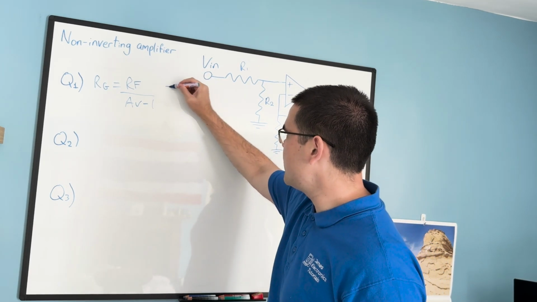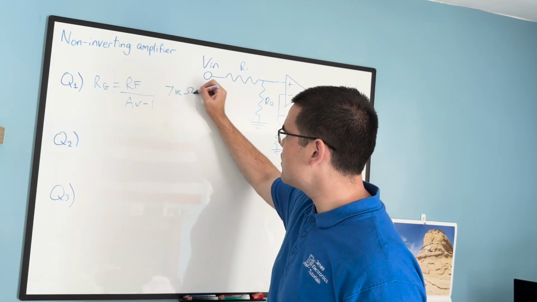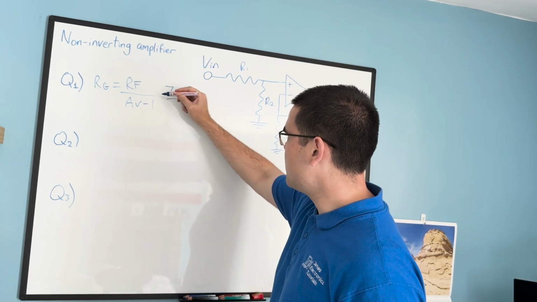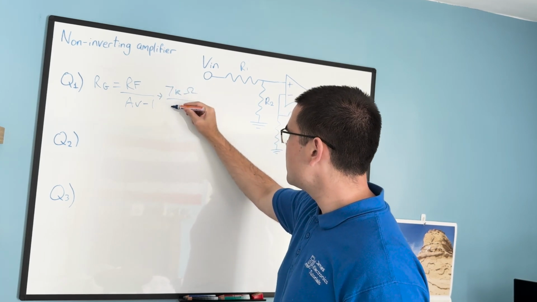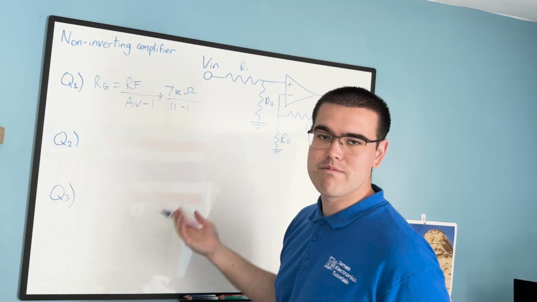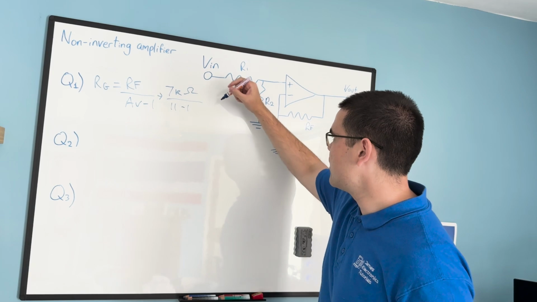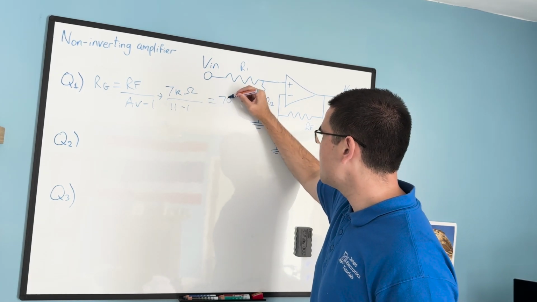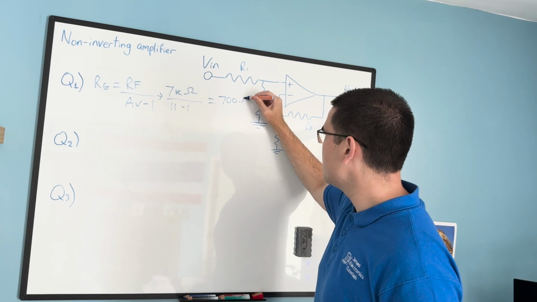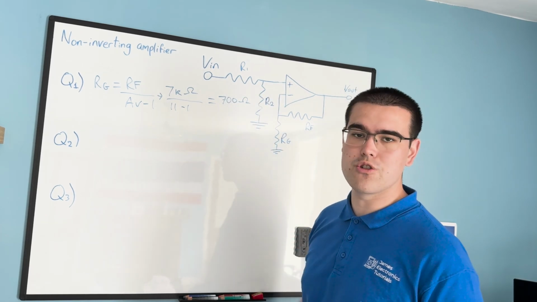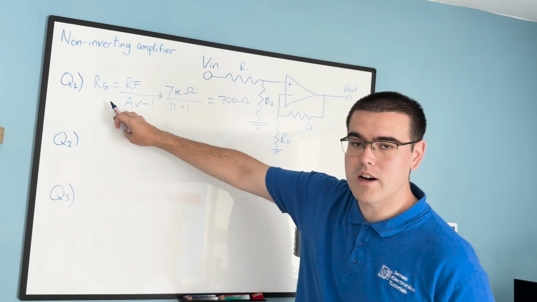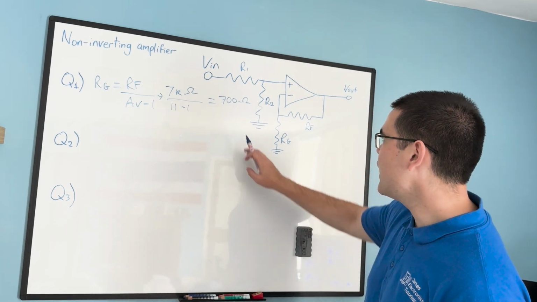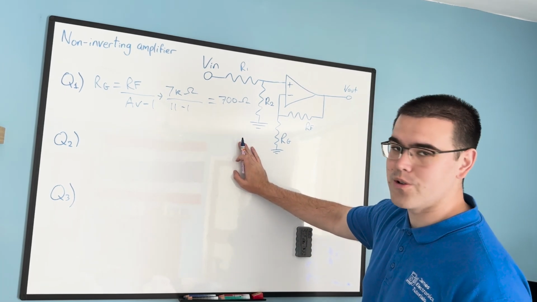So let this be 7 kiloohms divided by 11 minus 1, which is 10. So the answer here is 700 ohms for RG.